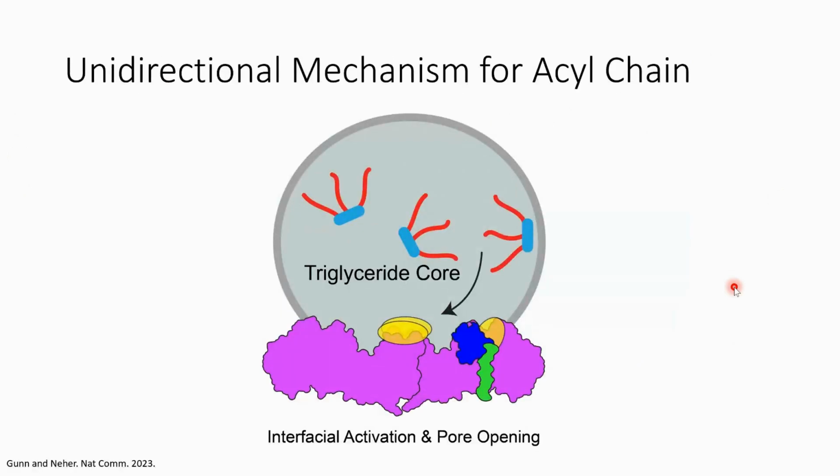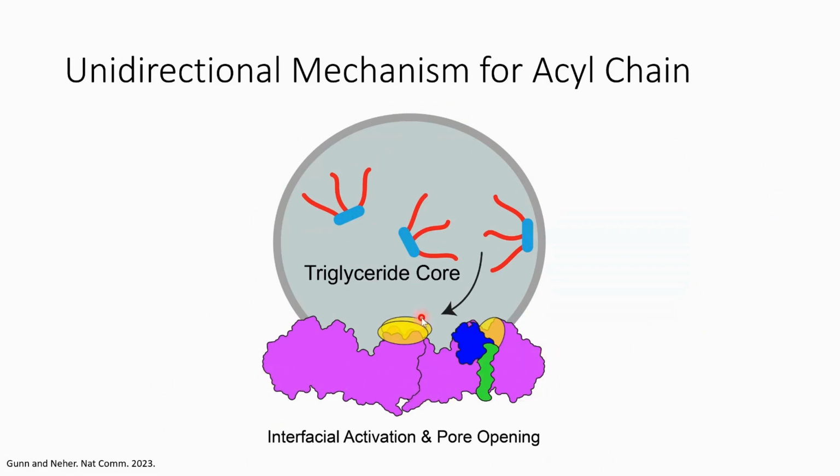And so to finish off for the day, I want to come back to what we're thinking in terms of the LPL dimer. Our current theory is that association with this triglyceride-rich substrate interface is what's triggering LPL to form the active dimer.